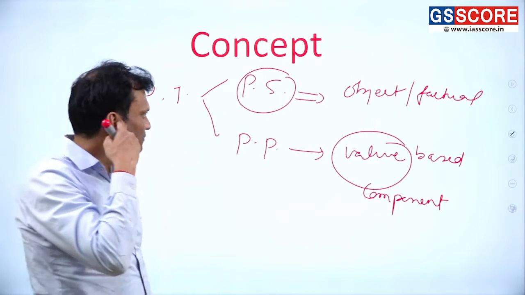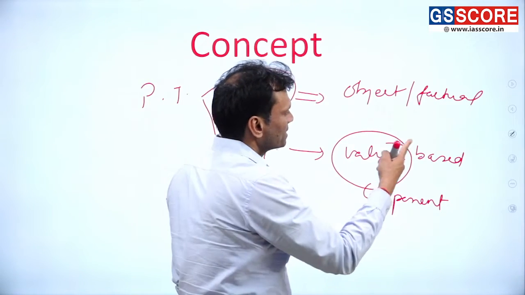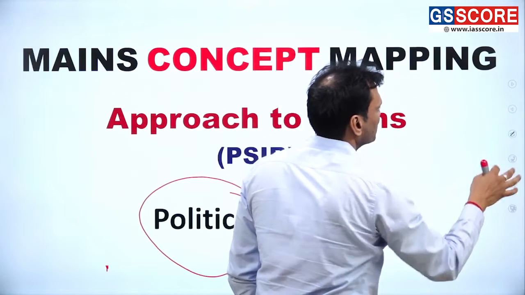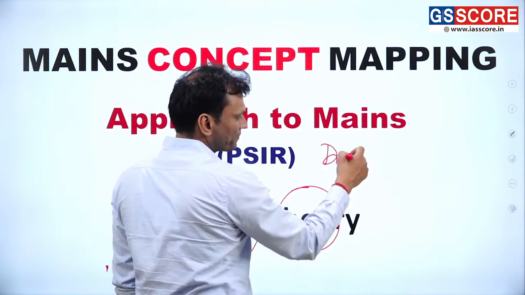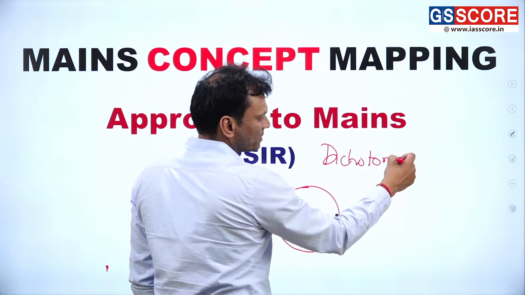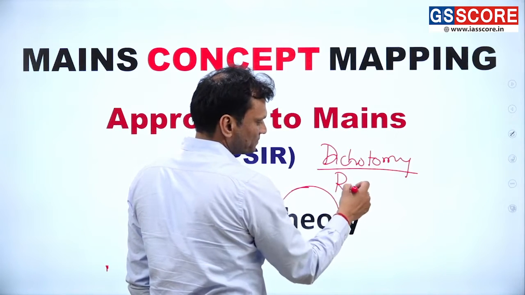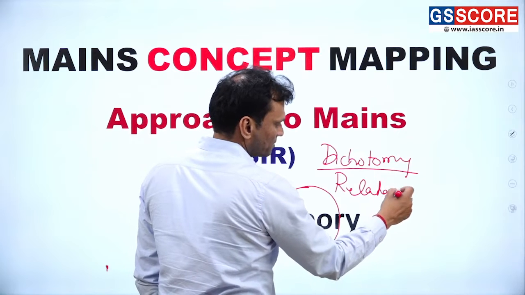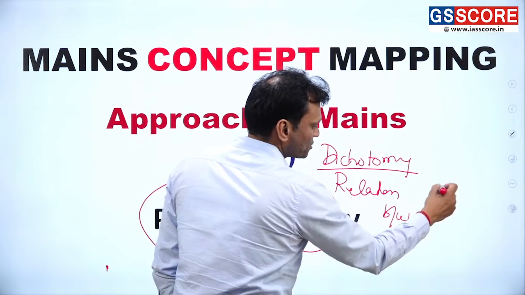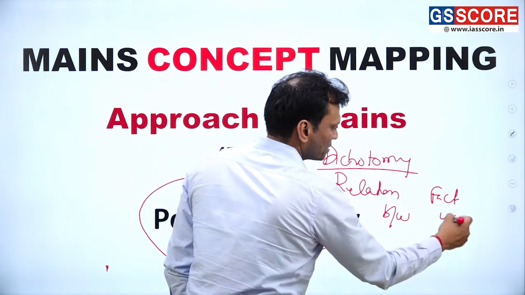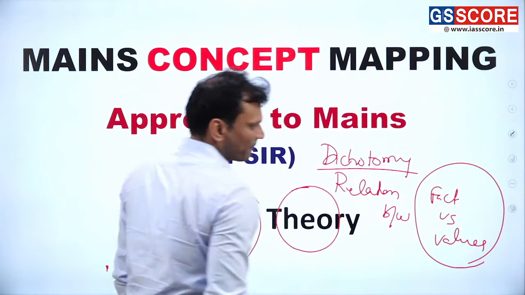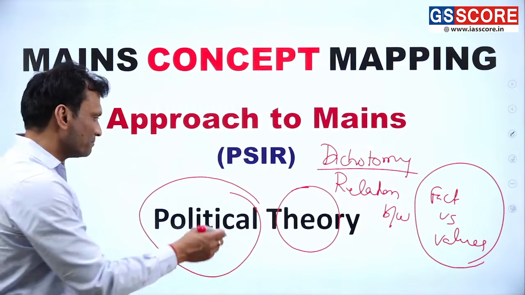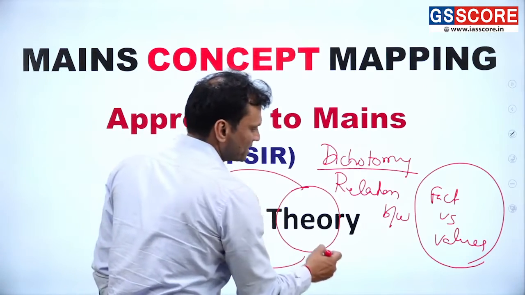So we have to understand the political theory also in terms of the dichotomy or relation between what is called fact versus values, right? That's what is the main debate of political theory.